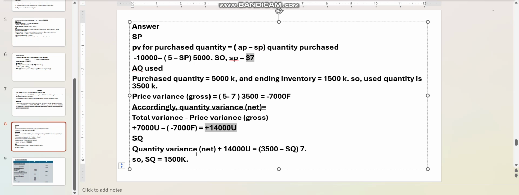Accordingly, quantity variance net of positive 14,000 unfavorable equals difference of quantities, actual less standard quantity allowed, times standard price. Accordingly, standard quantity allowed is 1,500 kilograms.